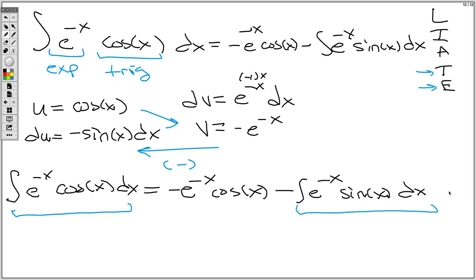And the answer is no, it's not easier because you still have essentially the same thing going on there. It's no harder than what you started with, but it's not any easier. So at this point, what do we do?